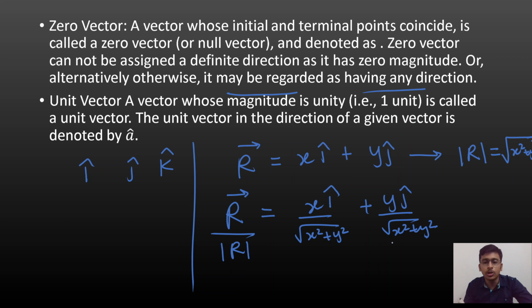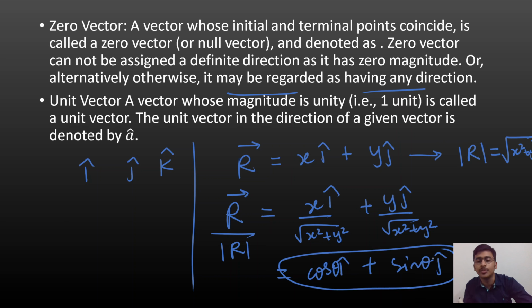You can see that this is nothing but base upon hypotenuse. x by root x squared plus y squared is nothing but base by hypotenuse, so it's cos theta, right? So it becomes cos theta i cap. And y by root x squared plus y squared is sin theta j cap. Correct. So now this becomes a unit vector because sin squared theta plus cos squared theta is 1.